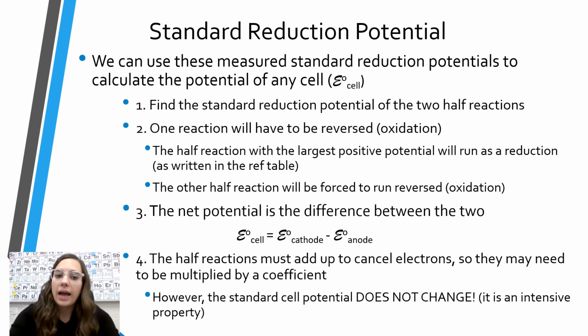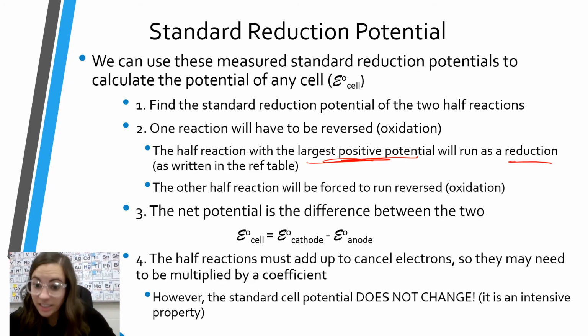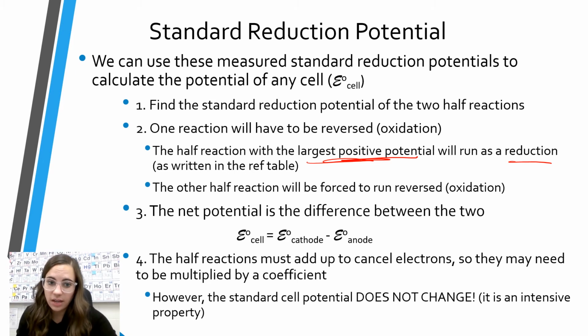The larger potential is going to be the reduction, because it has the higher reduction potential. It's going to run as it's written on the reference table. The other half reaction will be reversed. It's going to run as the oxidation.